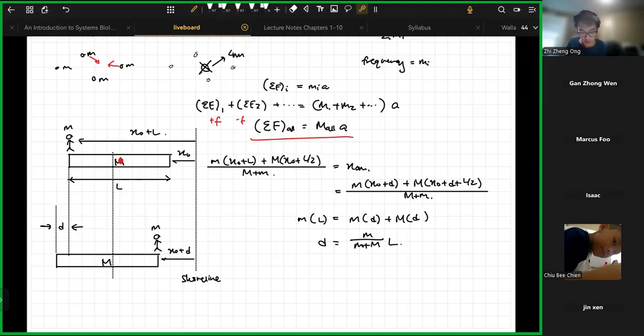Now suppose the boat is infinitely heavy. Then it won't move, right? The boat would just be like a floor. The floor doesn't move. So this will also be zero, because as this goes to infinity, D goes to zero. So yeah, that makes sense.